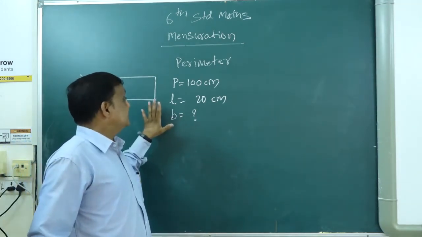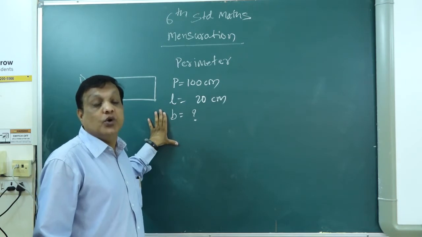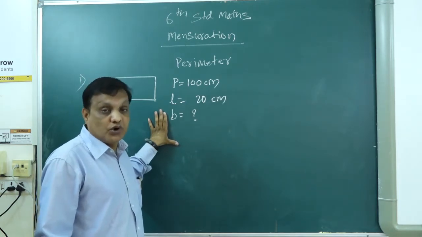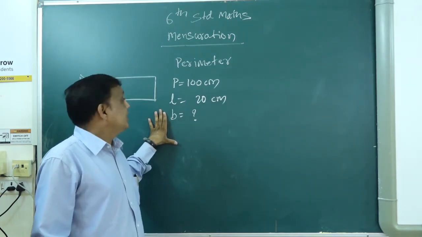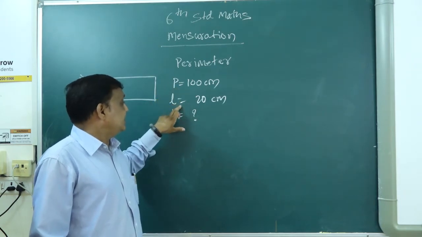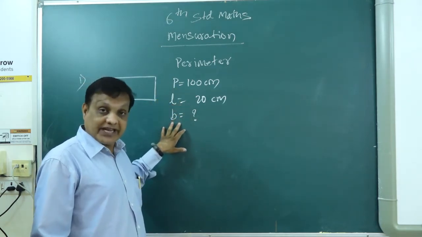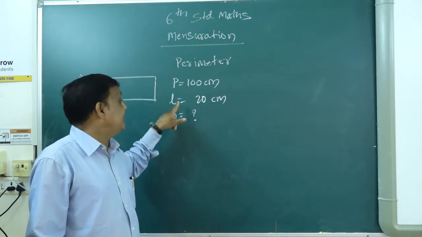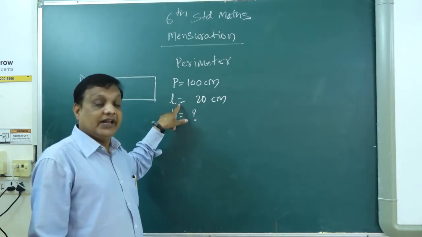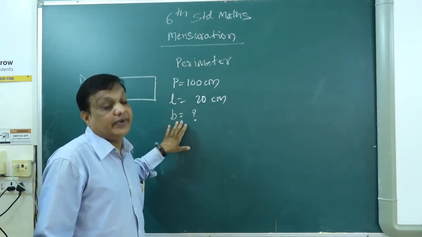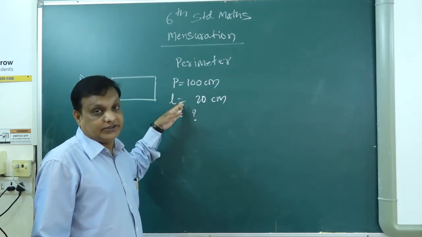Please focus and concentrate more. Perimeter is given, length is given, breadth is not given. Sometimes they will give the breadth and not the length. When length is given, they will not give breadth, and when breadth is given, they will not give the length.